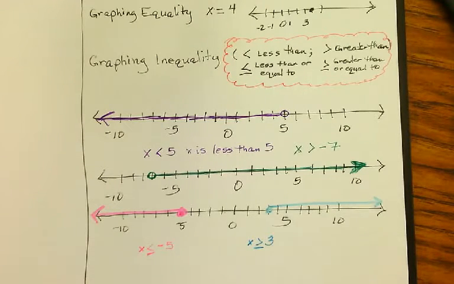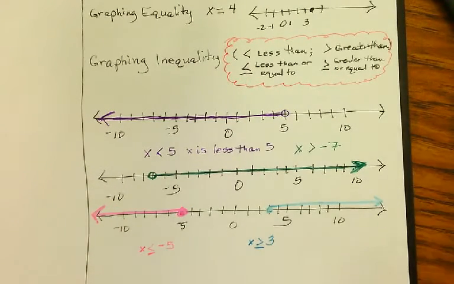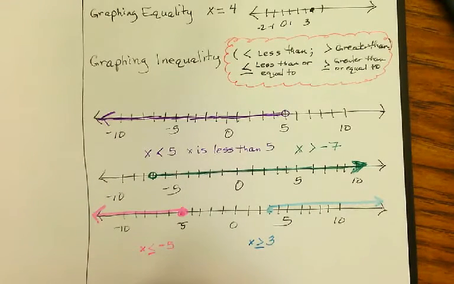So remember, recapping here, equals gets a solid dot. Less than or equal to gets a solid dot with the line going that way.